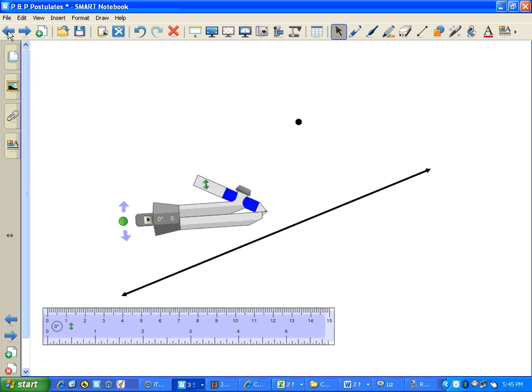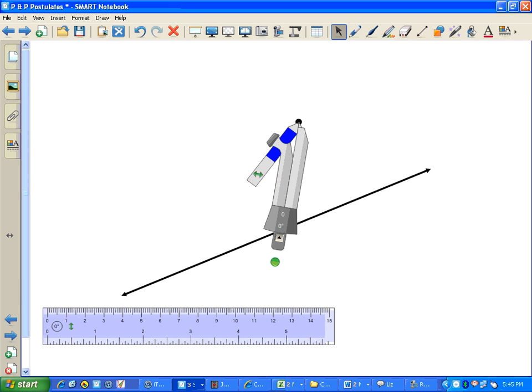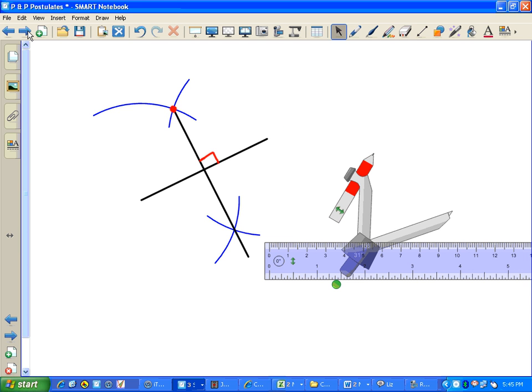I'm going to set this up as the intersection. Now, I don't have a segment, I have a line. But I can make a segment on that line that's equidistant from my point. If we look back here, by making these two circles, I made sure that this distance and this distance were the same, because they're both the radius of the same circle.